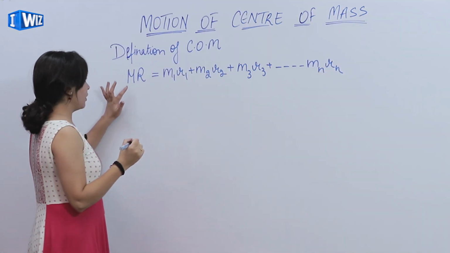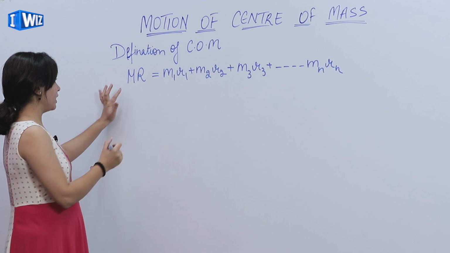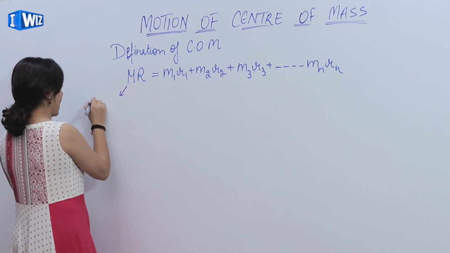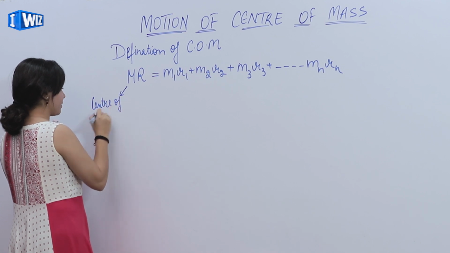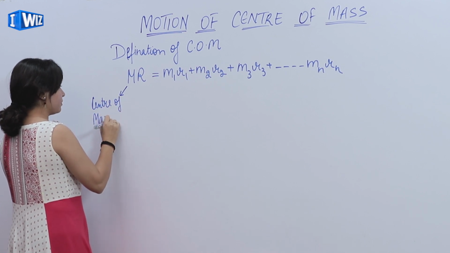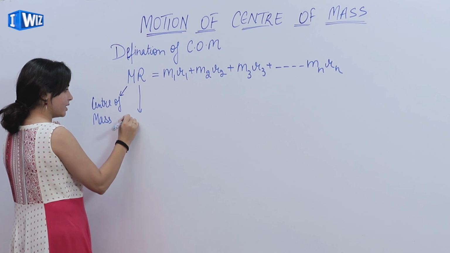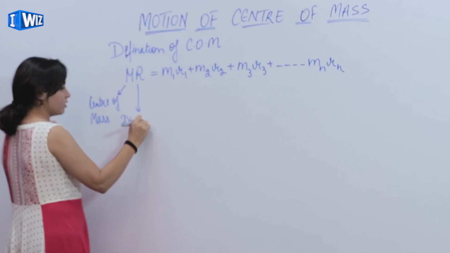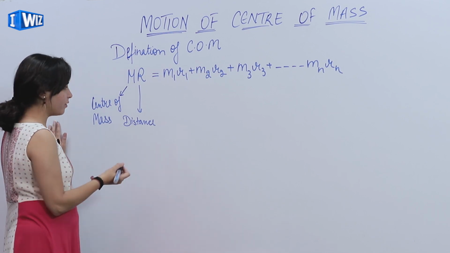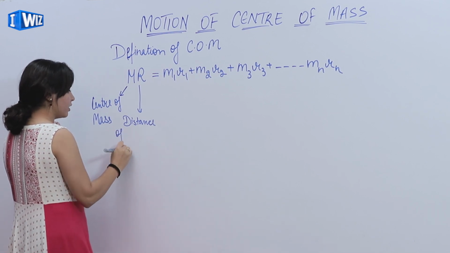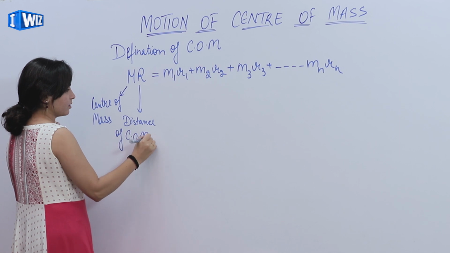mn rn, where capital M is the mass of center of mass and r is the distance from the origin or any reference point we have taken, distance of center of mass.